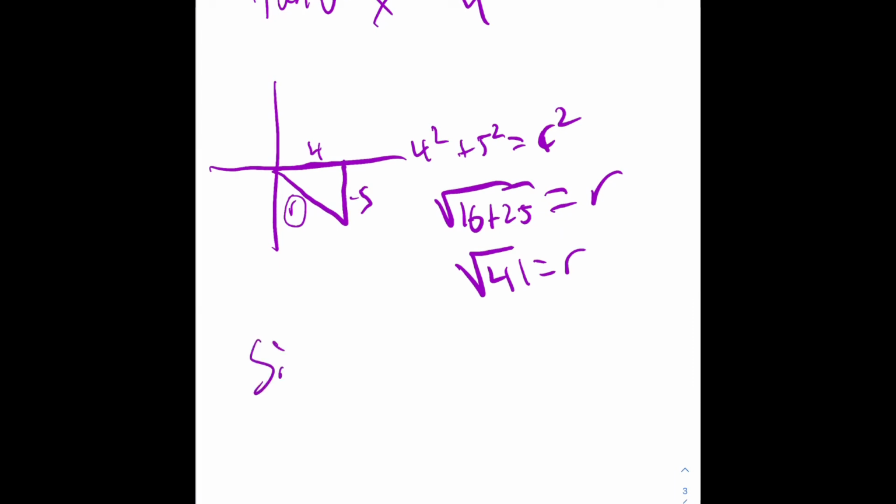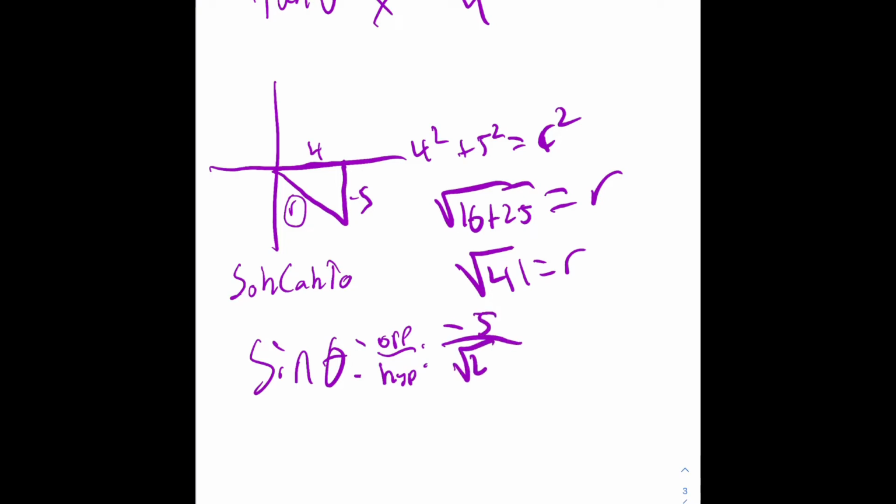So not quite as nice of a number, but I can figure out sine, because if I think about SOHCAHTOA, sine is opposite over hypotenuse. I know that the opposite is negative 5, and I just found the hypotenuse r to be the square root of 41.